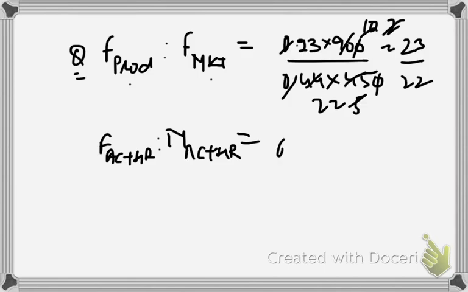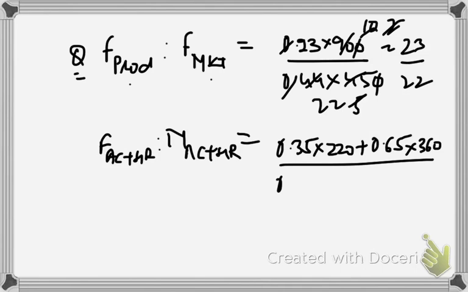Now you have to calculate this ratio. Ultimately the ratio will become 0.35 into 220 plus 0.65 into 360, which is the number of females in accounts and HR combined, and the number of males in these two departments will be 0.65 into 220 plus 0.35 into 360.